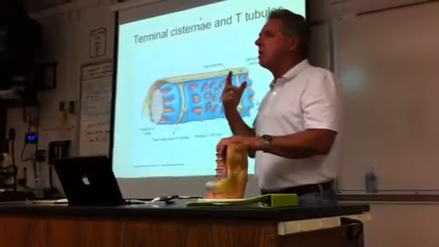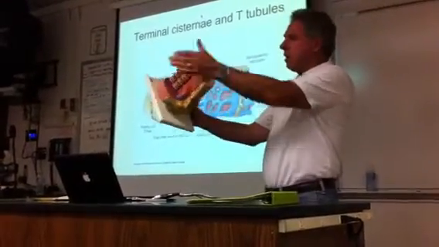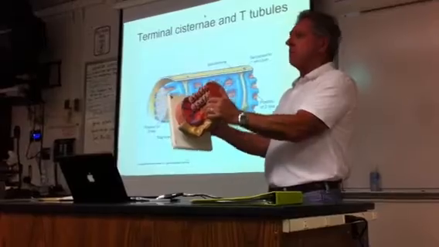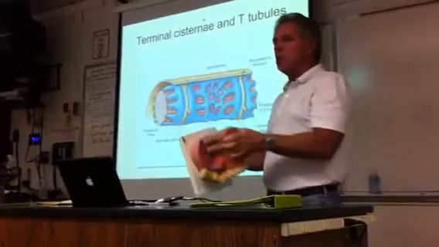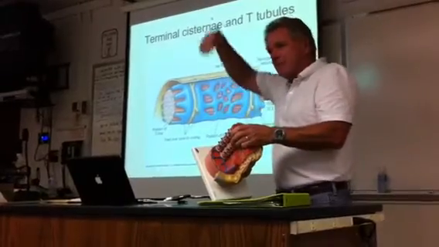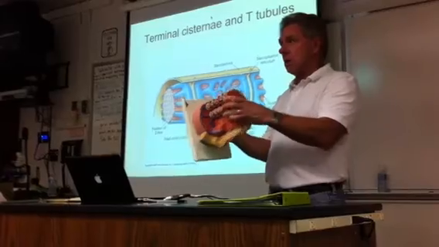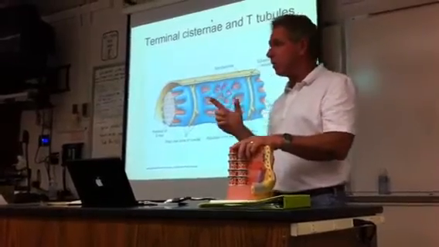Well, how does the signal to contract get from the surface all the way down inside the muscle? Through the T-tubules. The T-tubules are like a conduit, the pathway to get the signal into the muscle, right? So this is so cool how this works.